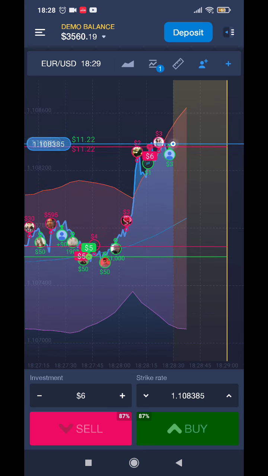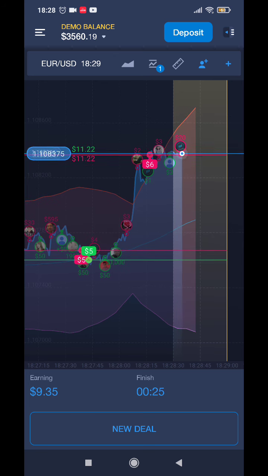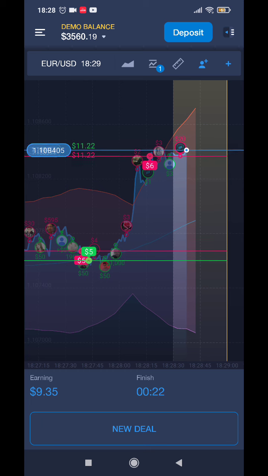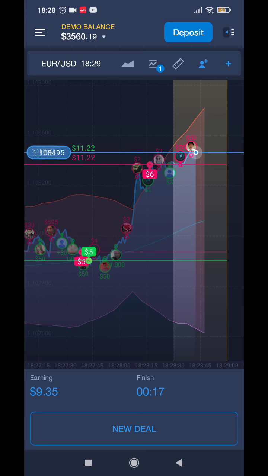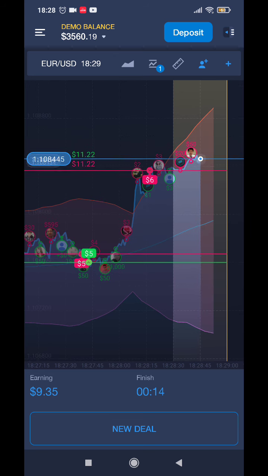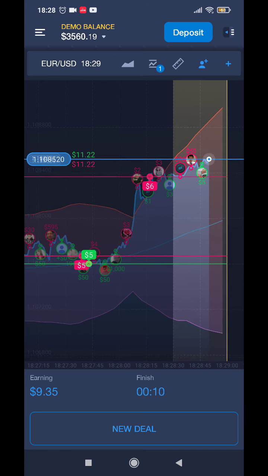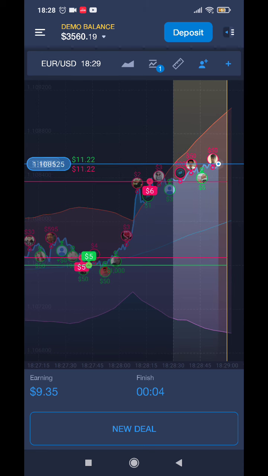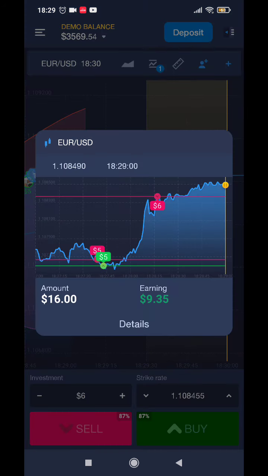Let's see what happened. 28 seconds are left. 19 seconds are left for finish this trade. 15, 14, 13, 12, 2, 1. $9.35 earning from $16. Bad luck.